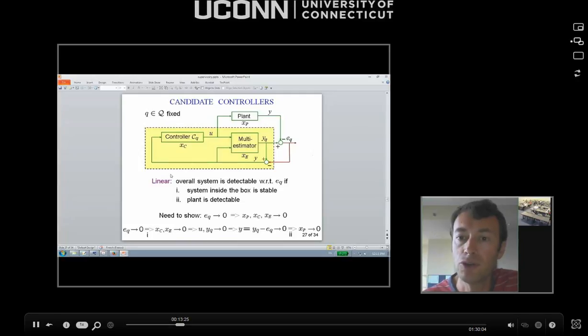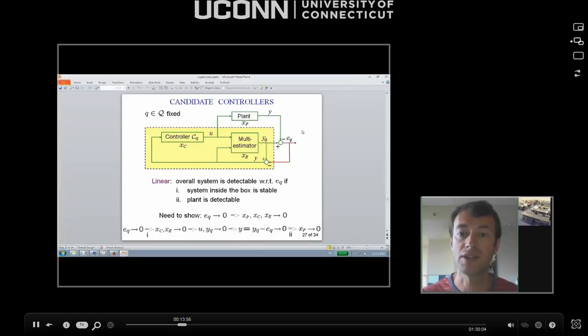If I do this, the diagram is actually equivalent. If you get a copy of the slides later and compare this slide with the previous one, it's the same system. Now the estimation error is coming in as the input to the system inside the box. It's a relatively standard trick to separate the plant from the controller design. So you think of the controller connected to the multi-estimator.